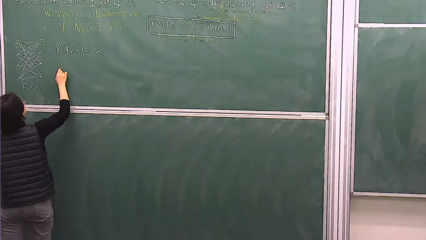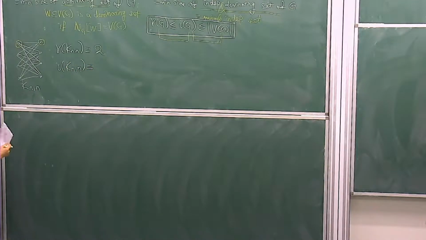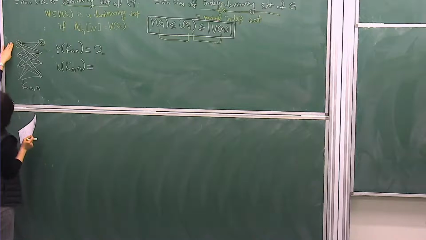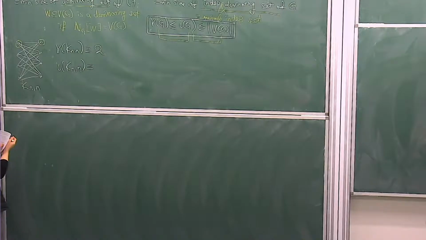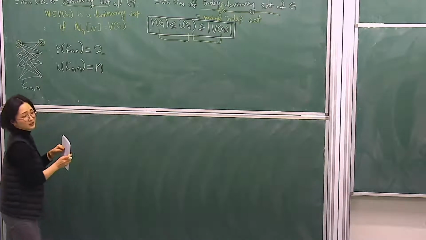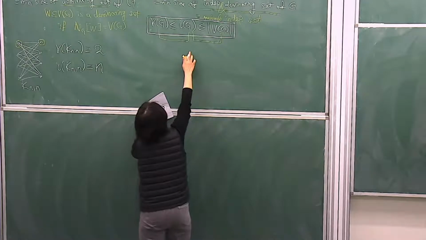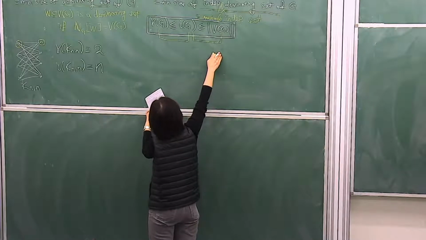However, for the independent domination number, these 2 vertices are not independent. If we choose one vertex from the left side, then we cannot choose a vertex in the right side. So this must be n. So in this example, these 2 numbers can be very different, and i of G is about half of the whole number of vertices.